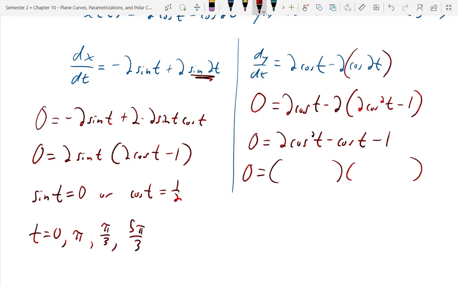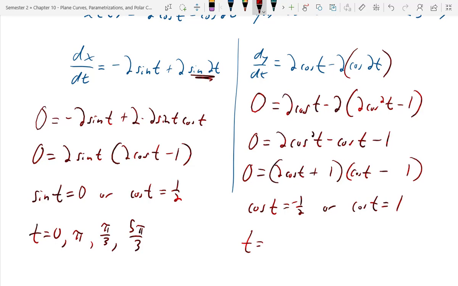See if we can factor: 2 cosine t plus 1, and cosine of t minus 1. And I get cosine of t, I keep wanting to write cotangent, cosine t is equal to negative 1/2, or cosine of t is equal to 1.